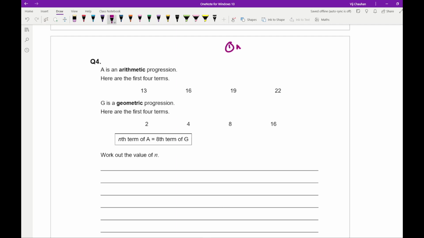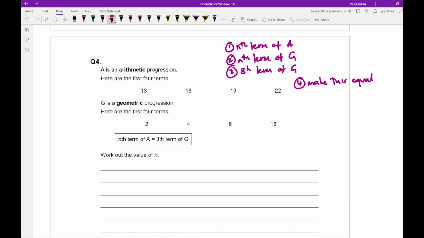So first I need to find the nth term of A. I then need to find the nth term of G. I then need to work out the 8th term of G, and then I need to make this equal to the nth term of A, and then basically I need to solve for n. So these are the 5 steps that I'm going to be working with.